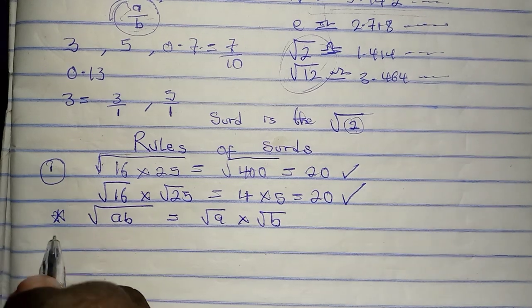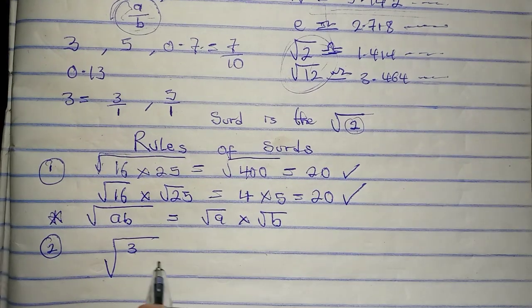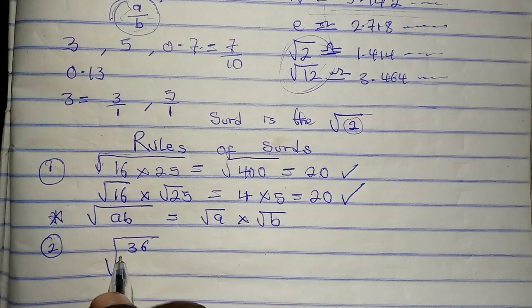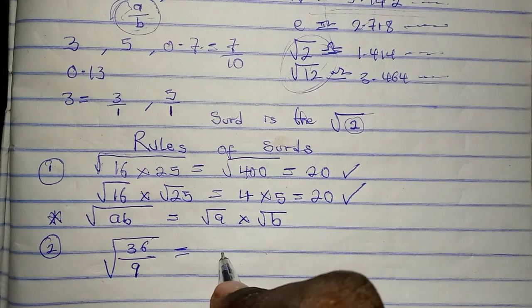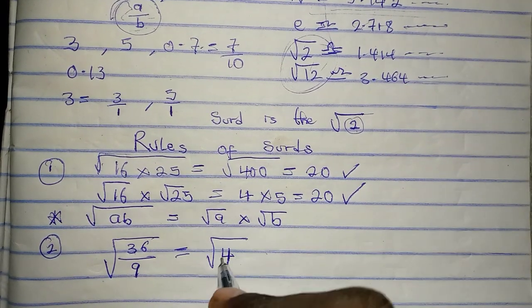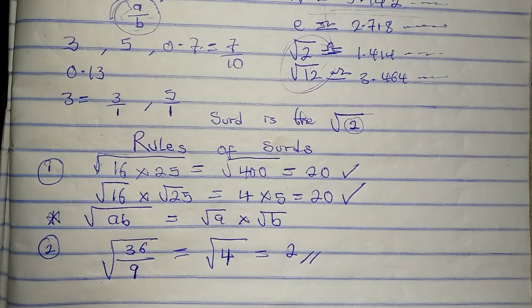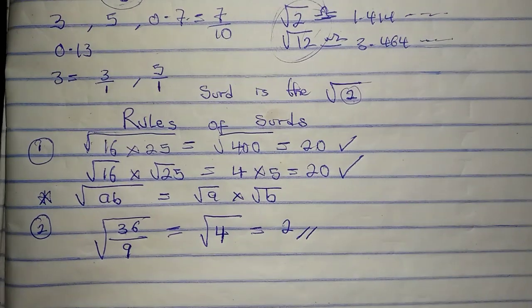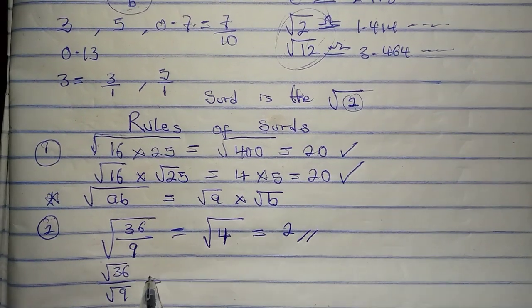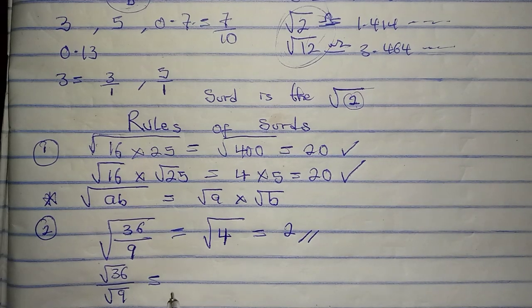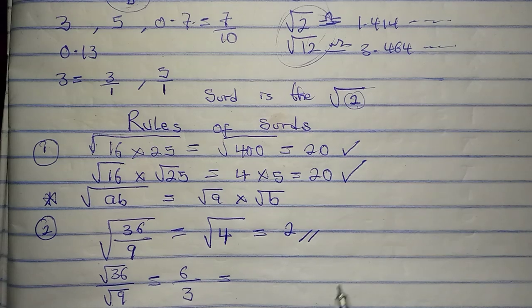The second rule, let me use this number to explain. We have root of 36 over 9. So 36 divided by 9 is going to give us 4. Root 4 is equal to 2. Also, if you solve it this way as root 36 over root 9, root 36 is equal to 6, root 9 is equal to 3, and 6 divided by 3 is 2.